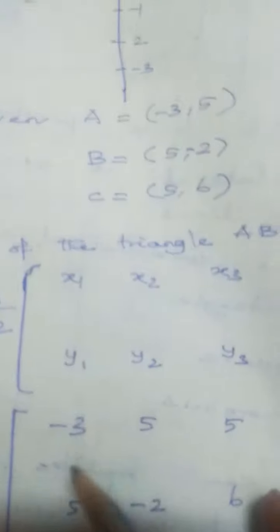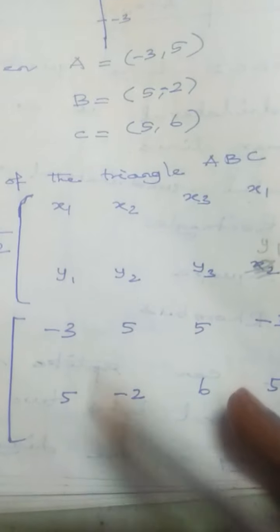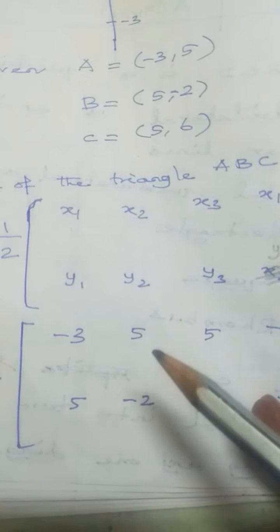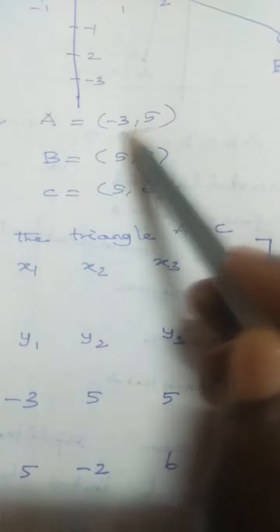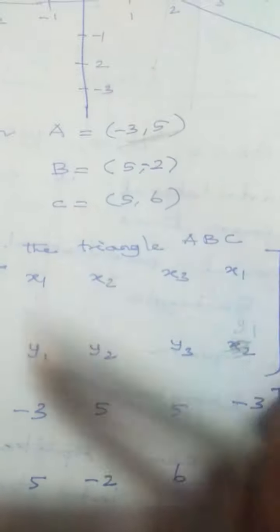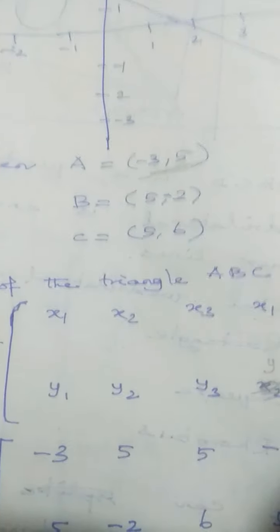See here, A is minus 3, 5. So you write minus 3, 5 in the column. The next one is 5, minus 2, and then the next one is 5, 6. Again repeat minus 3, 5. First you take the first point and write minus 3, and under that you write 5.